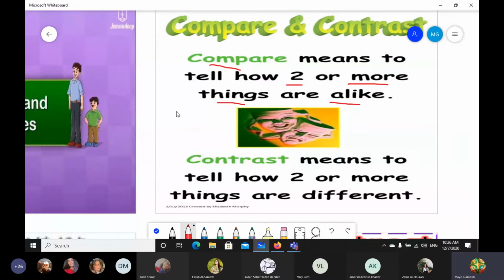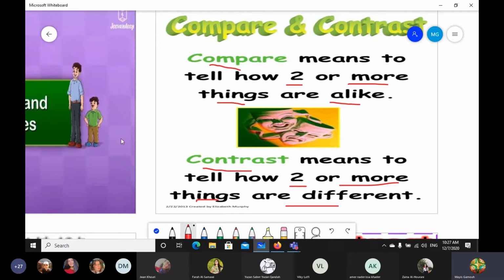They have the same characteristics, all right? Maybe they differ in something, but they have the same characteristics in a way or another. And the term contrast means to tell how 2 or more things are different from each other.